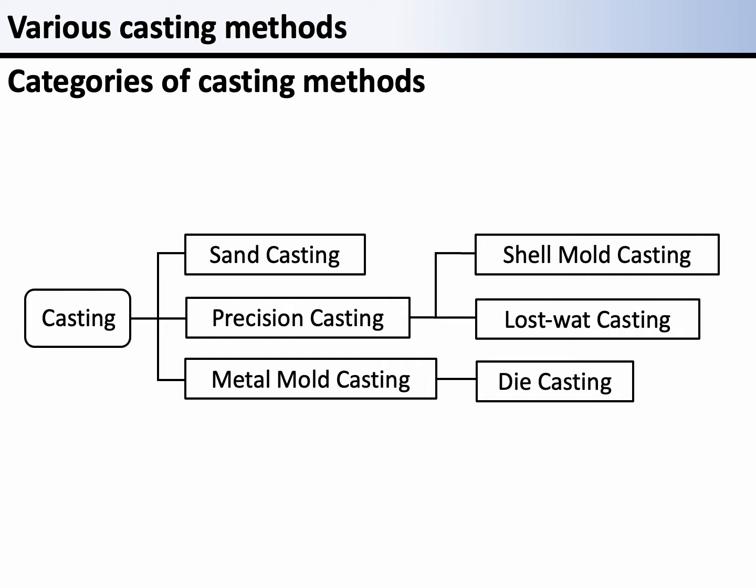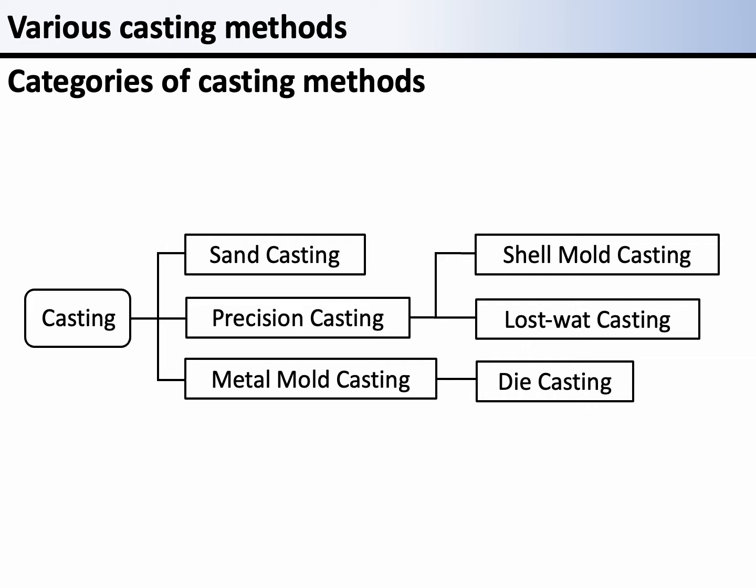Casting methods can be roughly categorized into sand casting, precision casting, and metal mold casting. Sand casting is the most typical casting method that uses sand molds. There are two more casting methods in precision casting: shell mold casting and lost wax casting. These provide higher dimensional accuracy and a smoother surface.